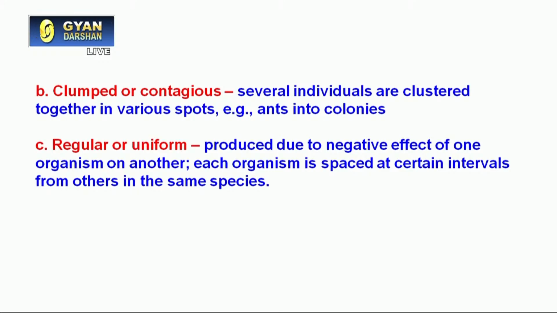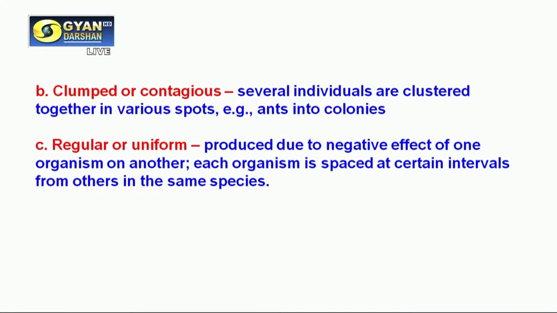Ants in colonies, we talked of moss, the hepatics, the liverworts. And regular or uniform, that is produced due to negative effect of one organism on another. Each organism is spaced at certain intervals from others of the same species. That is, it's a very uniform kind of pattern.